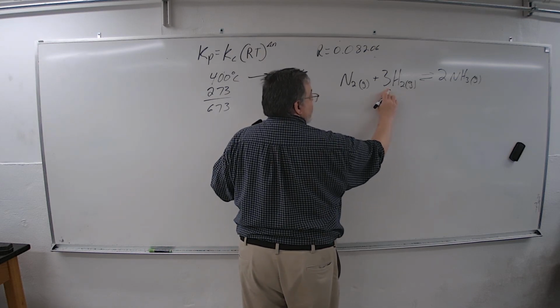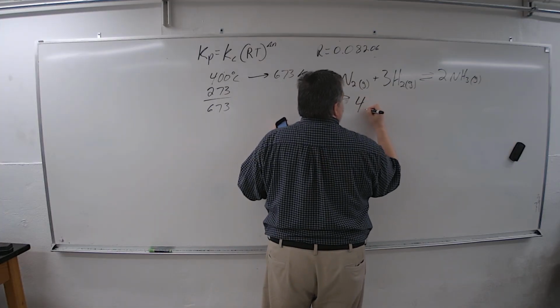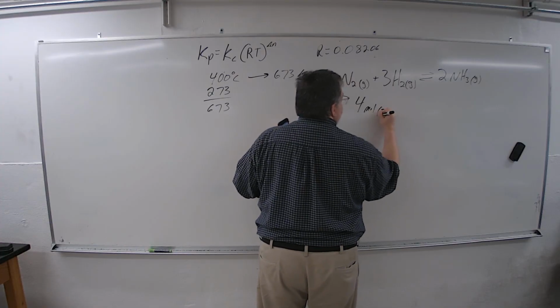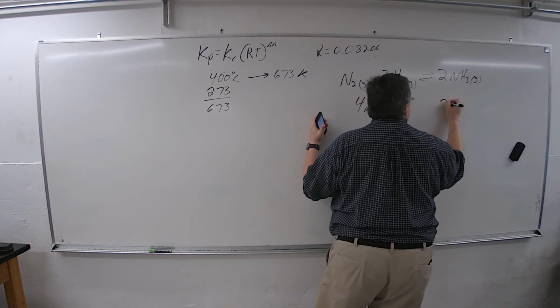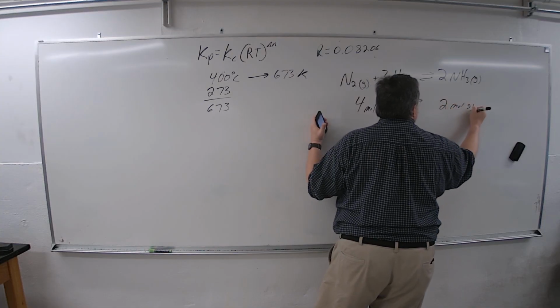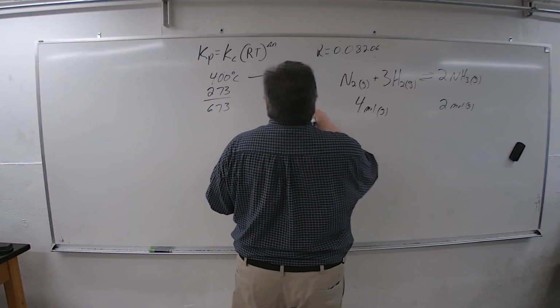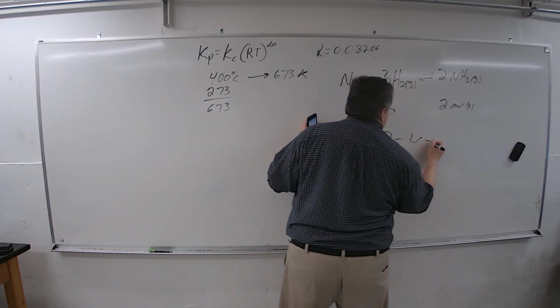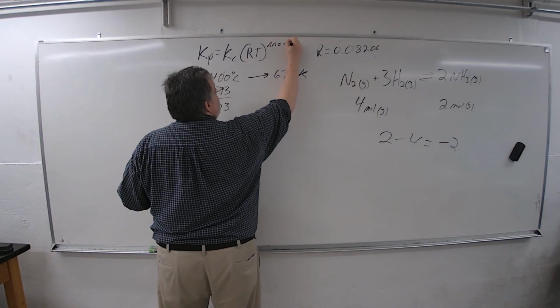That's a gas, so I've got 3 there. That's a gas, so I have the invisible one here. So I have 4 moles of gas on the left side. And how many moles of gas on this side? 2 moles of gas. You always go final minus initial for anything that's a delta. So you're going to go 2 minus 4 equals negative 2. So delta n equals negative 2.